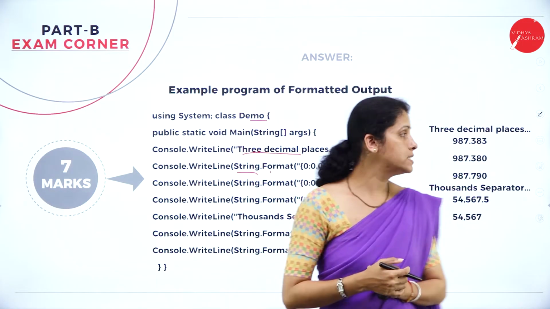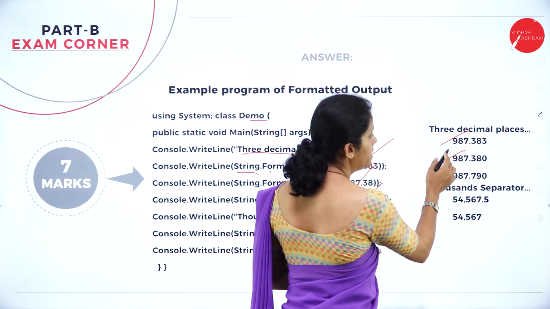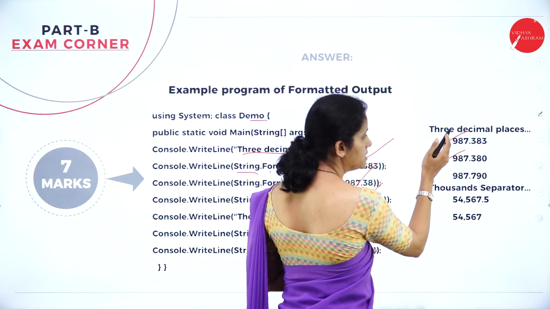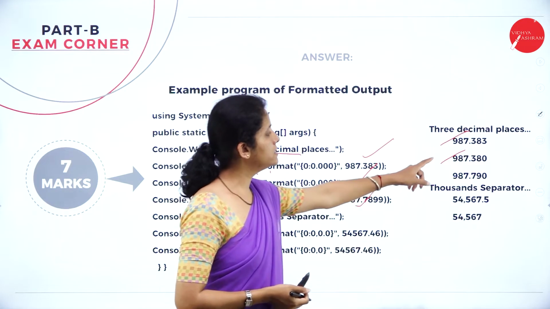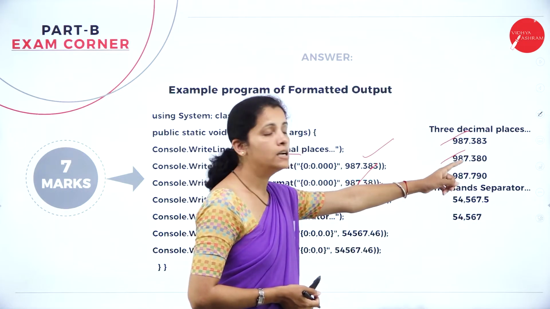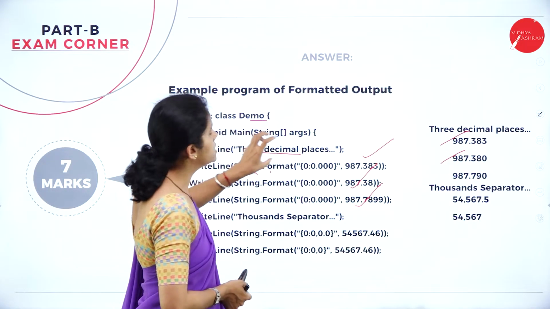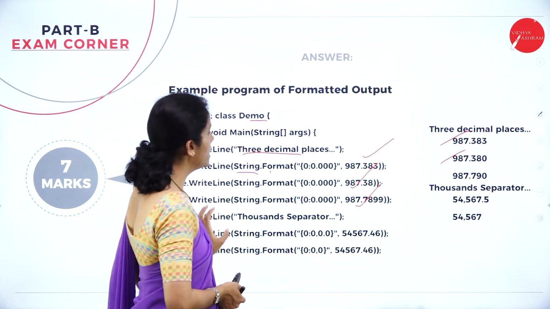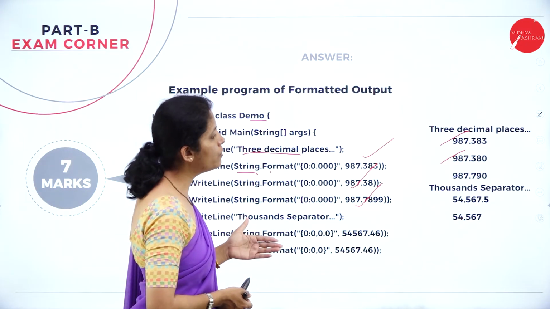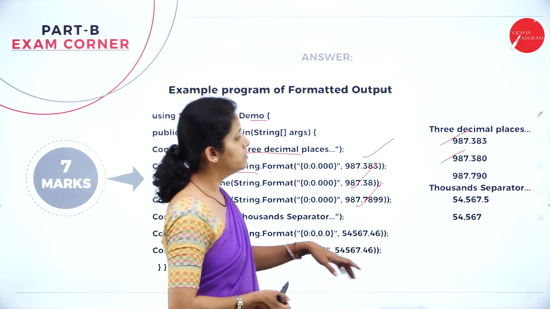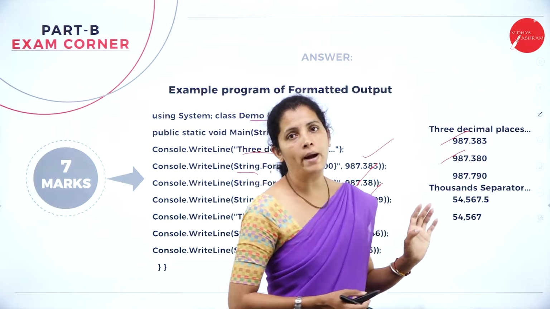See here, these are the outputs: I want to display 987.383, and if I consider 987.380, here it is 3 decimal places. Now, if I want to consider 1000, I want to consider 4 decimal places. So this is all about standard numerical format.